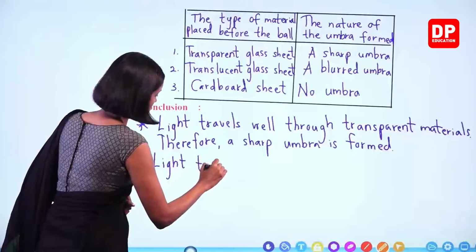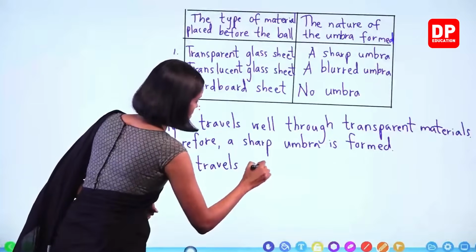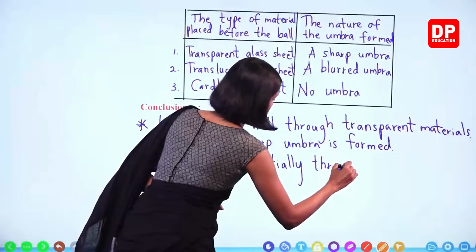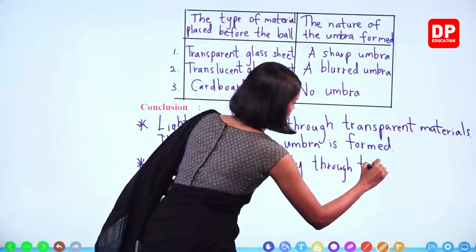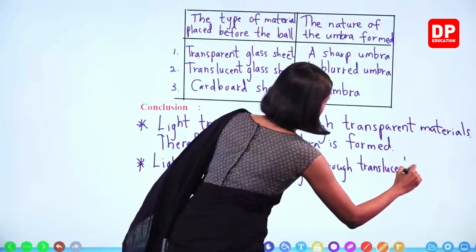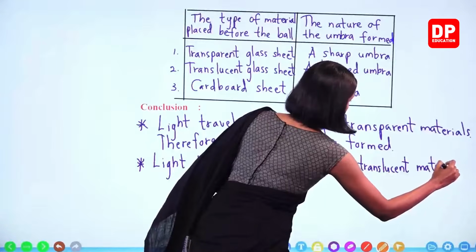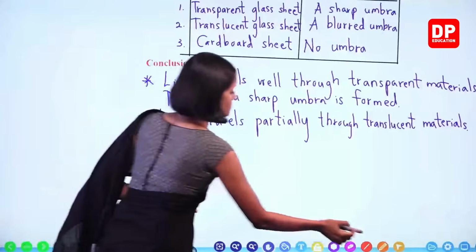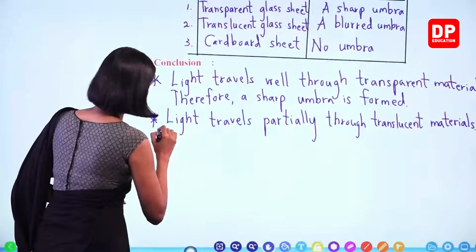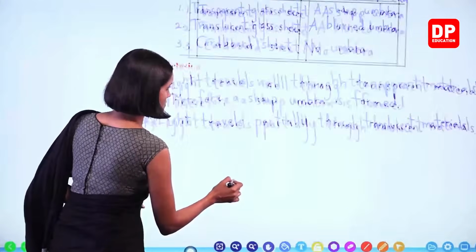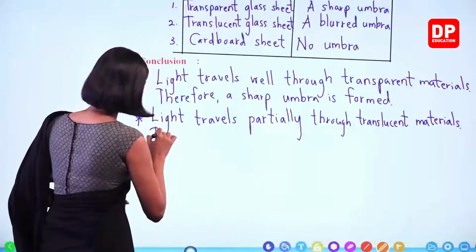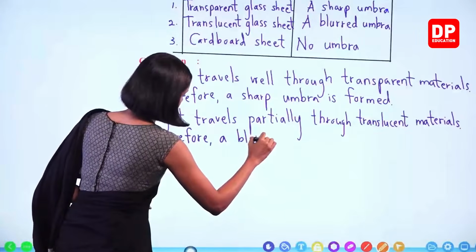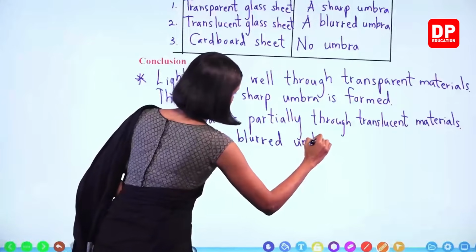Light travels partially through translucent materials. Therefore, a blurred umbra is formed.